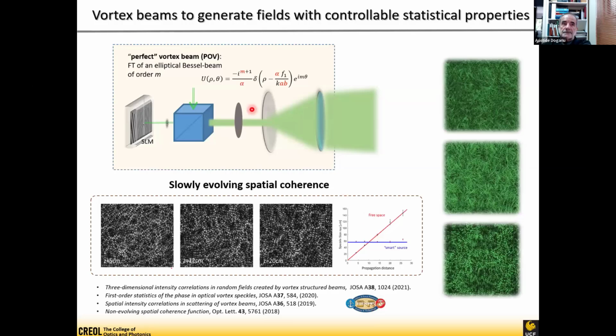Turns out that these kind of perfect optical vortex beams, right? So this is nothing else but the Fourier transform of the vortex beam, right? And it depends only on the topological charge, manifests a slowly evolving spatial coherence and a very different k-vector distribution, and this is what we are speculating for both imaging and other kinds of sensing that I'm going to show you in a minute.